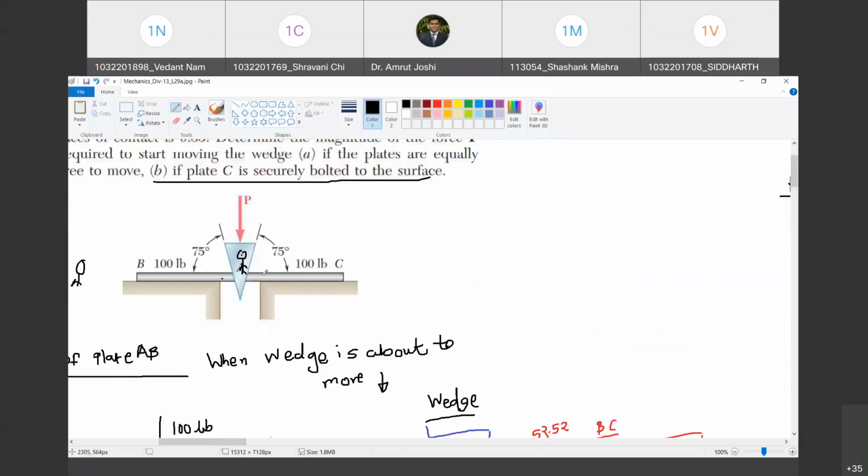The change is going to be, now this plate is not going to move with reference to the ground. Are you with me? Yes, sir. So as it is not moving with reference to the ground, there cannot be any frictional force between the plate and ground. Do you agree with me? Yes. There is no frictional force between plate and ground.